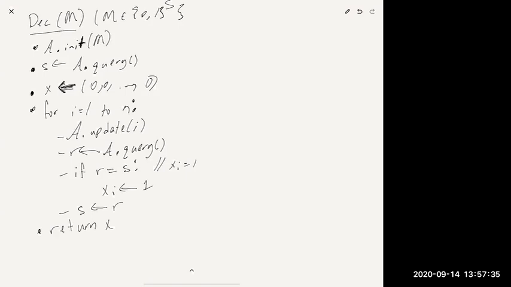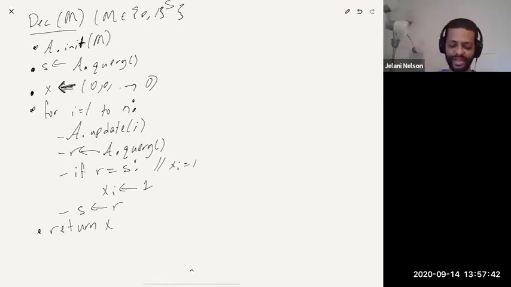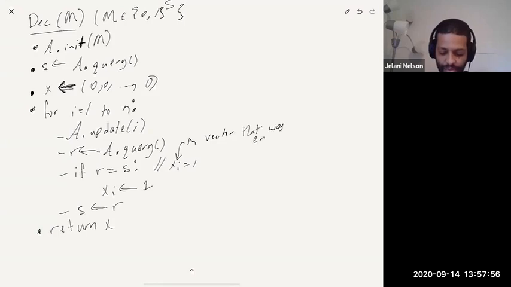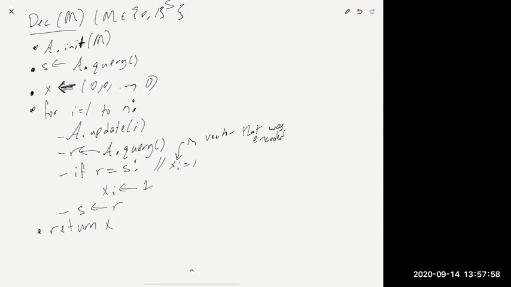You say if r is equal to s, xi is equal to 1, and that means in the original case. Oh yeah, that's right. And that's for the vector that was encoded, not for the x earlier in the pseudocode. Okay, thank you. That makes sense. Or maybe this will make it clearer. Okay. Yeah, that works.